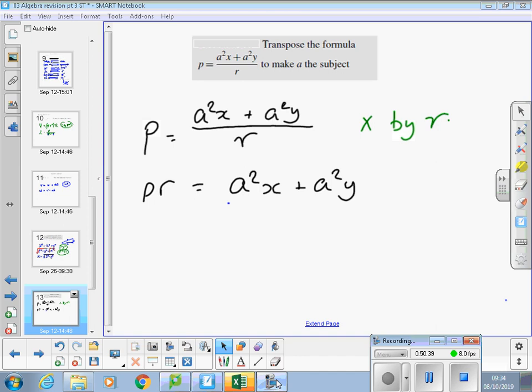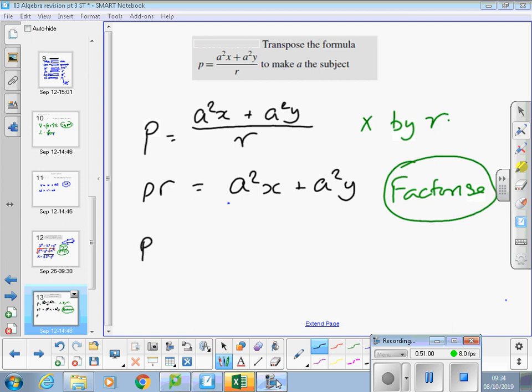You completely forgot one skill that we developed week before last. What's common to both parts of that side? So we're going to factorise. We can write p times r is equal to a squared, outside some brackets, x plus y.